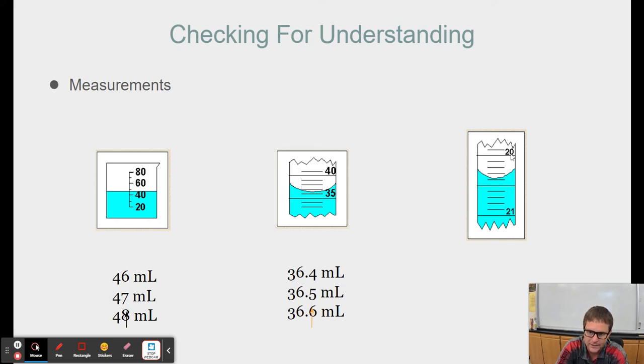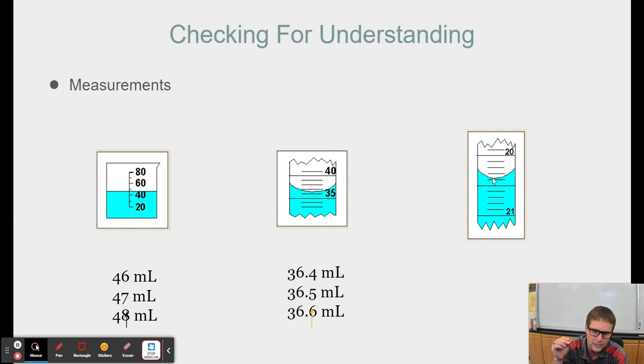So now let's look at the titration pipette. If this is 20, then the markings are 0.1, 0.2, 0.3, 0.4, 0.5, 0.6, 0.7, 0.8, 0.9. So each one of these is worth 0.1. We know it's got to be 20.3, and now we've got to estimate in this space.